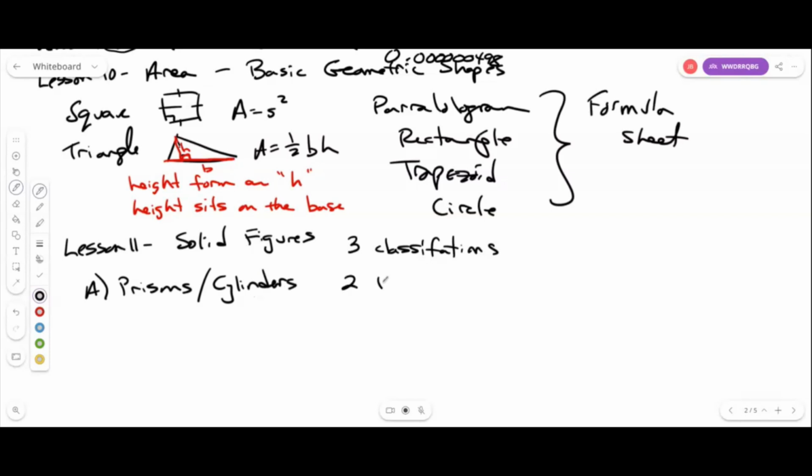These have 2 bases, and they have rectangles for lateral faces. The sides of a prism are made up of rectangles, except for a cylinder. Cylinders have a circle at the top and bottom with a lateral surface, but the idea is basically the same. And we learned that prisms are named for their base.